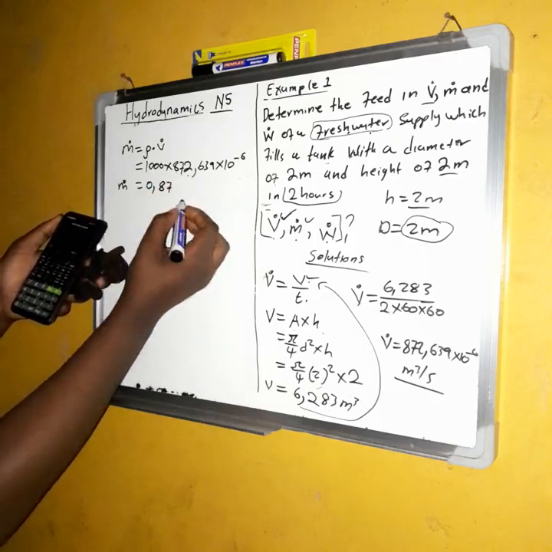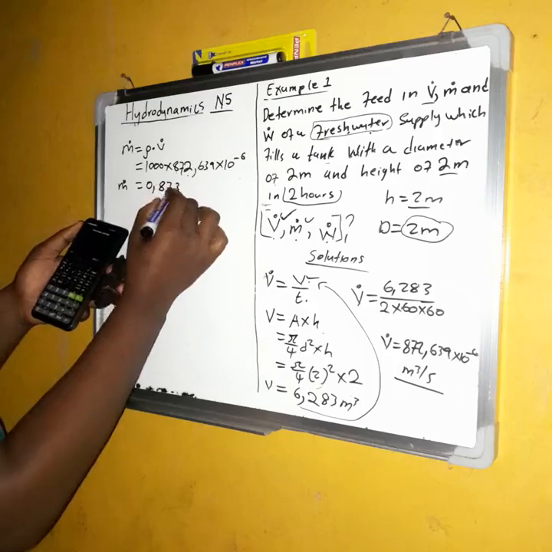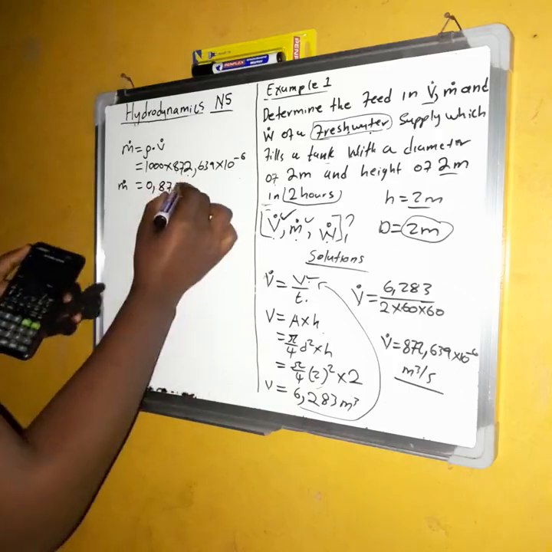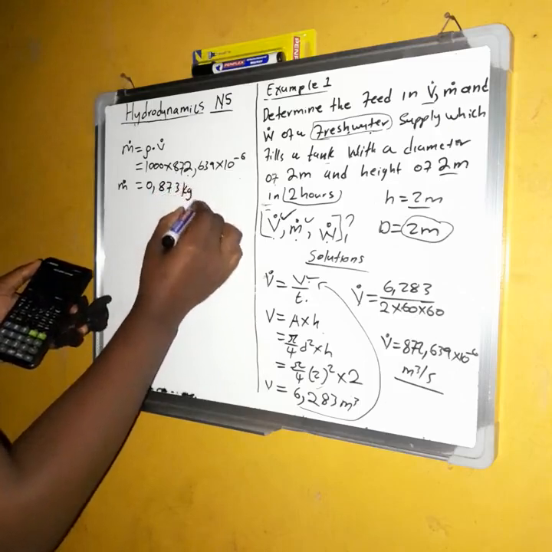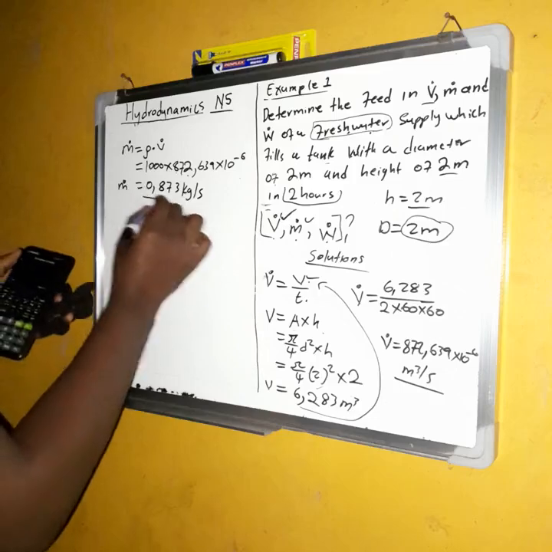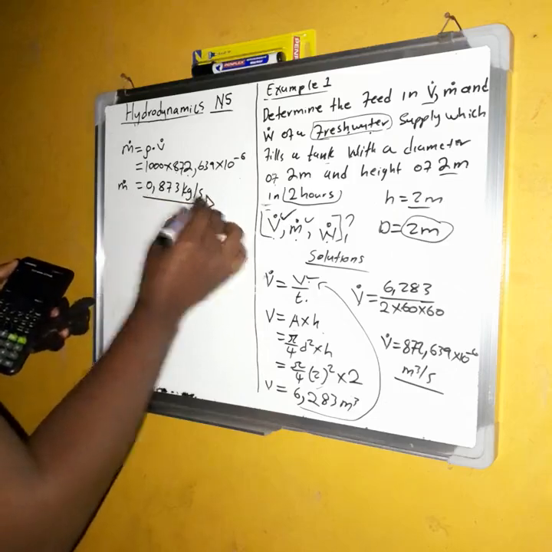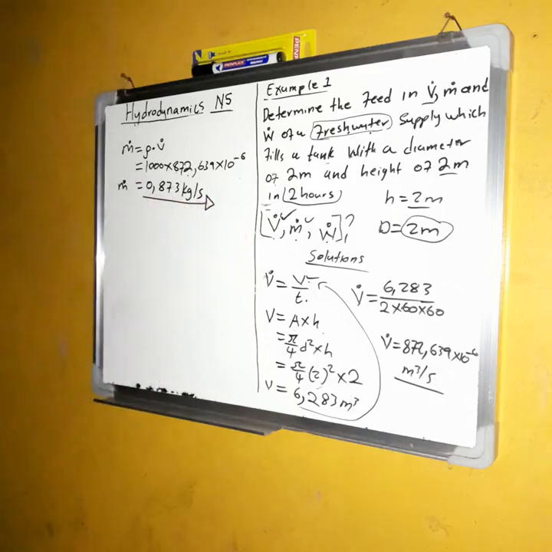Round this to 3 decimals. Remember, this will be what? Kgs per what? Per second. Remember, this is a mass flow. If you see that dot on the top, that dot tells us this is a mass flow.